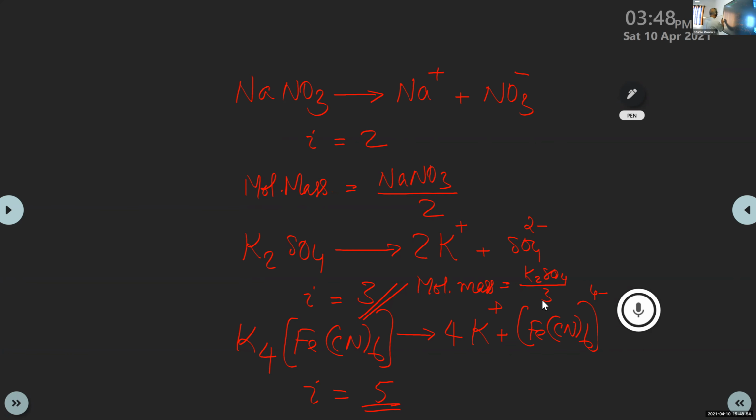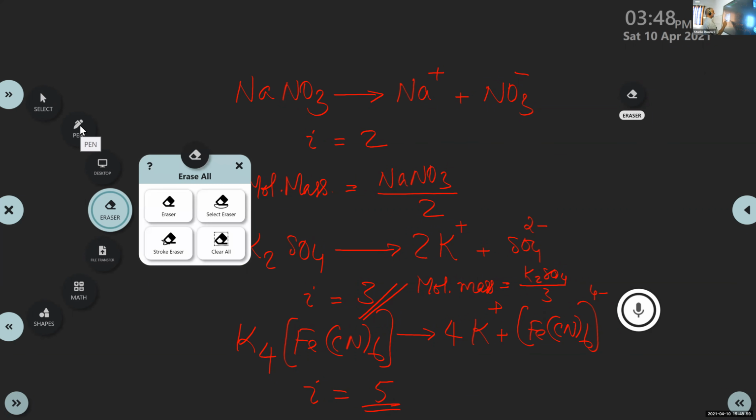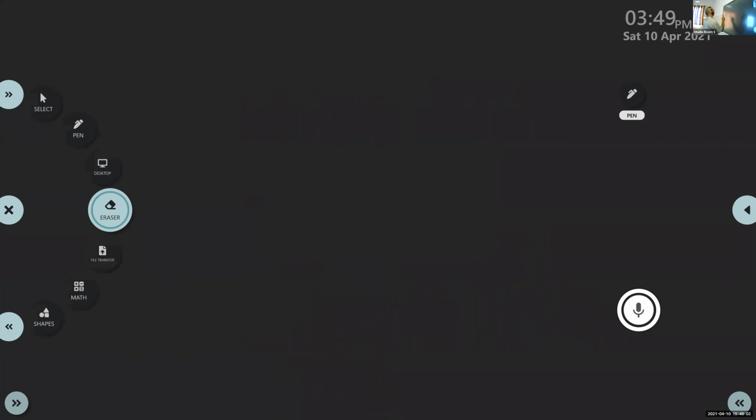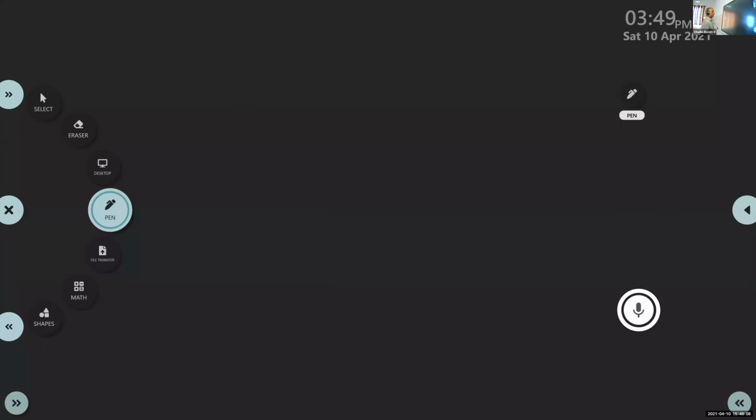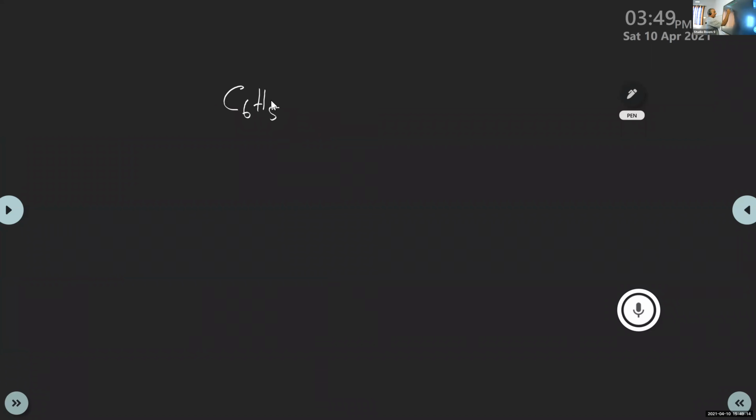That will give us the experimental or calculated molecular mass, which is the abnormal molecular mass. Okay. Now, let us take another example to illustrate this. Take a solution of benzoic acid in benzene. Benzoic acid is C6H5COOH. You prepare a solution of benzoic acid in benzene, and there is dimerization.